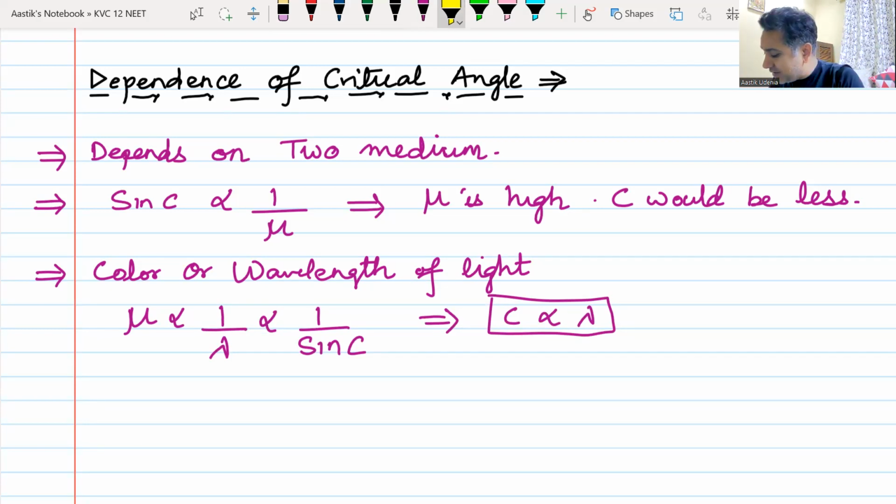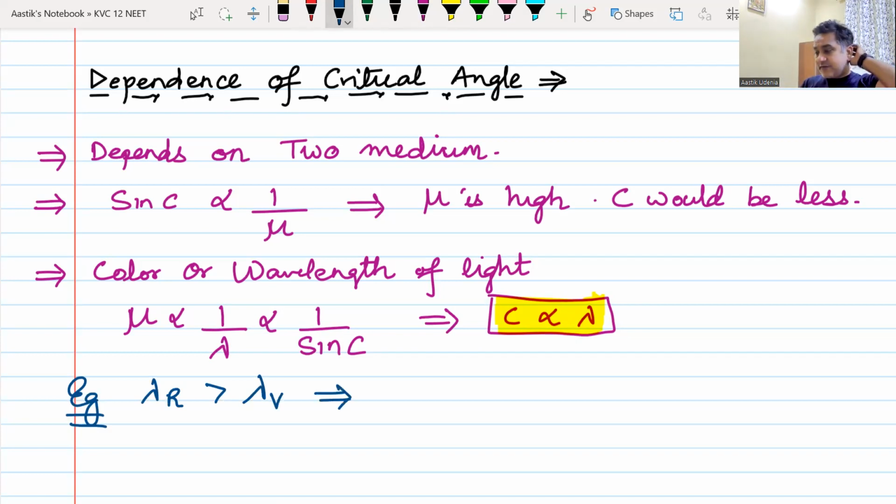Do we understand this, my dear friends? For example, lambda of red light is greater than lambda of violet light. Now, these type of questions have come many times in your NEET exam.